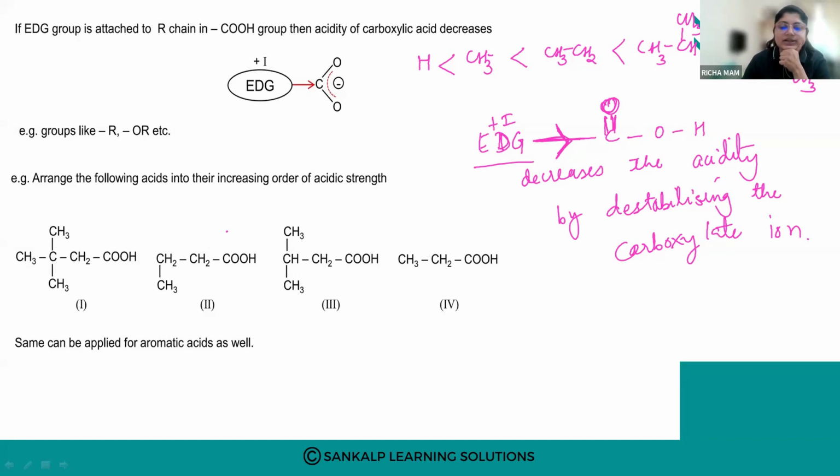So these are the different electron donating groups, not withdrawing groups. These are the methyl groups, CH3, CH3. This is the tendency of an electron donating group: hydrogen is least and the tertiary butyl group is the most.